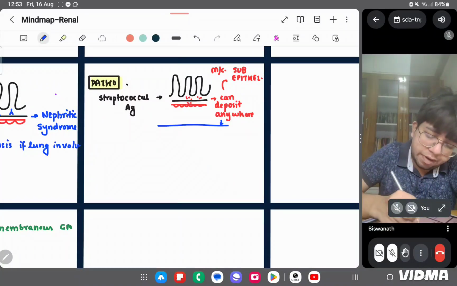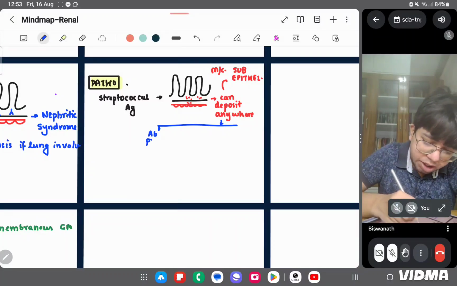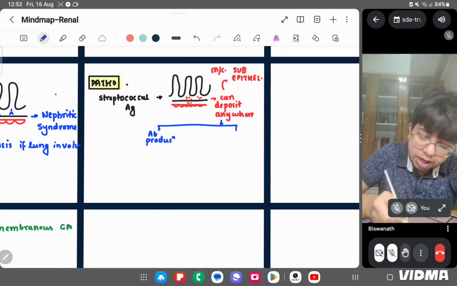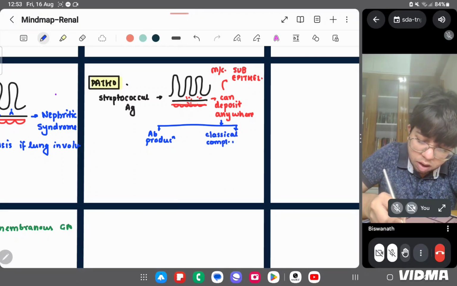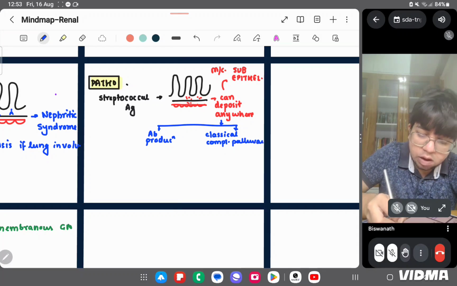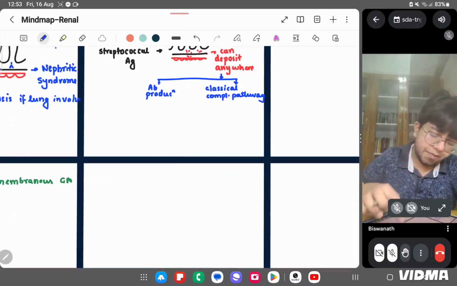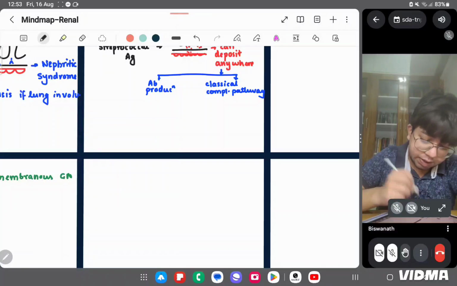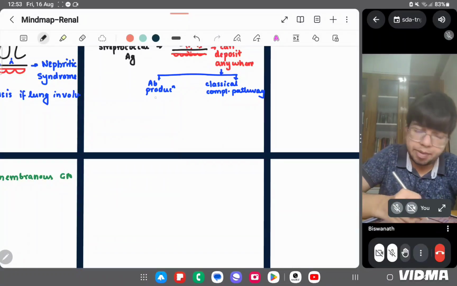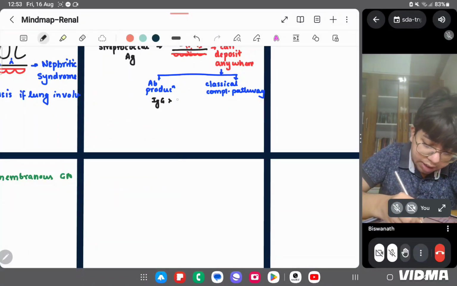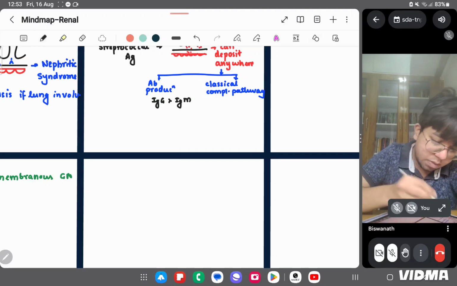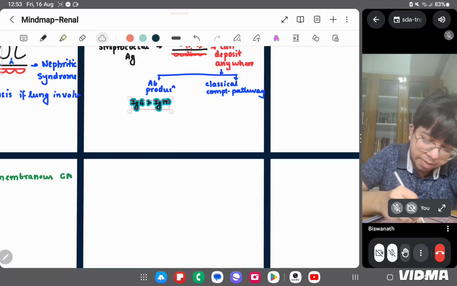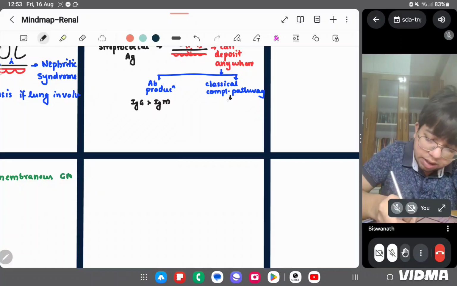It can deposit everywhere, or it can cause antibody production, or it can cause classical complement pathway activation. If antibody is produced, then there may be IgG or IgM. If there is classical complement activation, then it will stimulate the production of C3a and C5a.